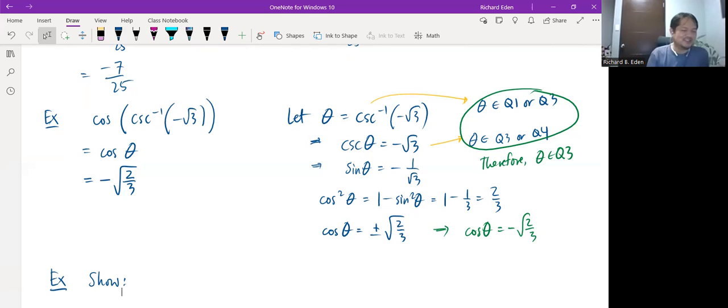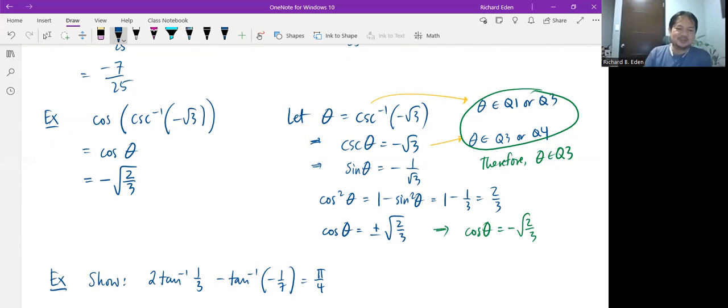Okay. Ito, show the following. 2 tangent inverse of 1/3 minus tangent inverse of negative 1 over 7 is equal to pi over 4. Okay. I think ito kayang i-calculator.